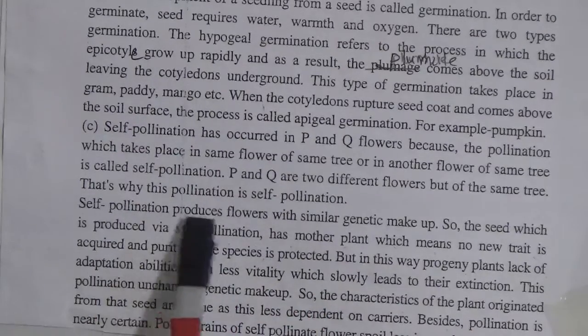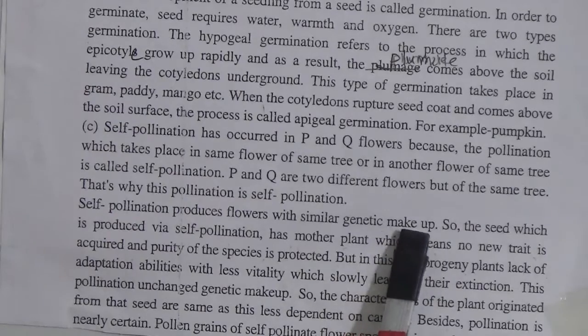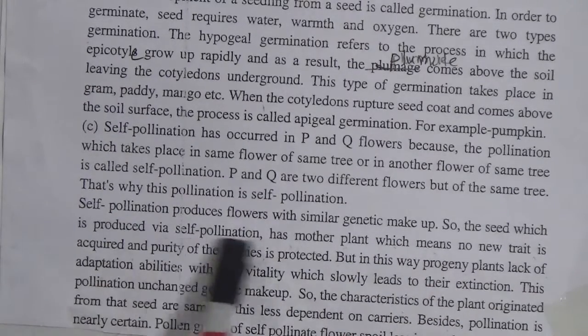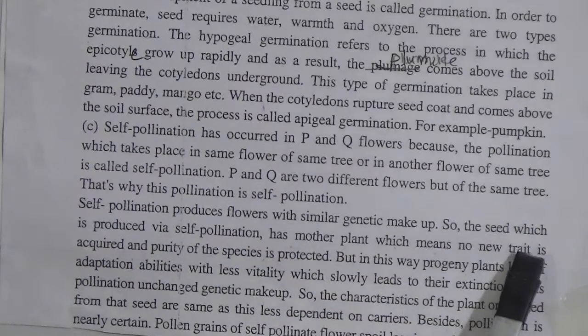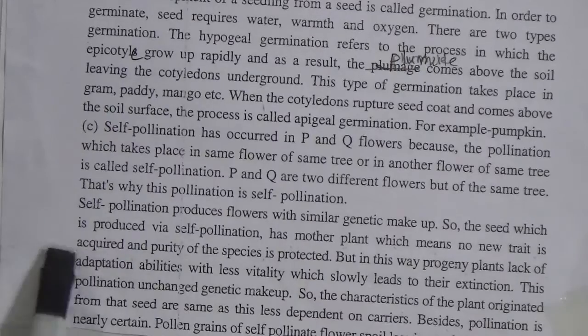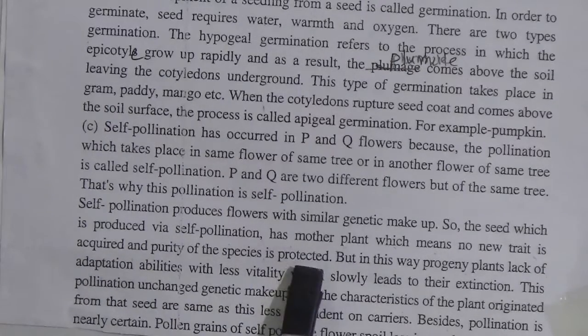Self-pollination produces flowers with similar genetic makeup, and so seeds produced by self-pollination have the same mother plant. So no new trait is acquired and the purity of the species is protected.